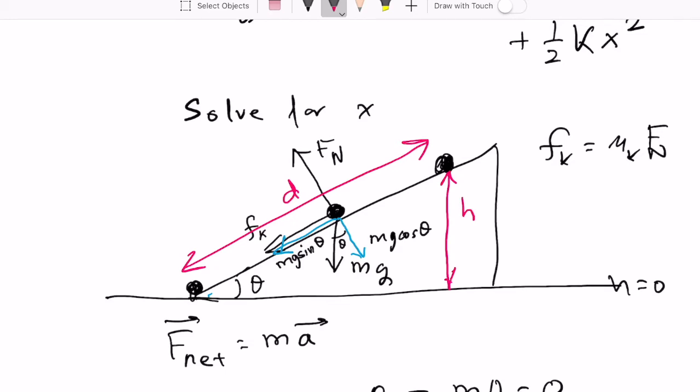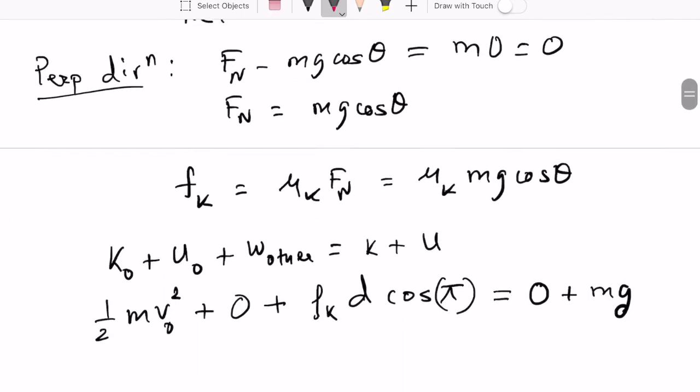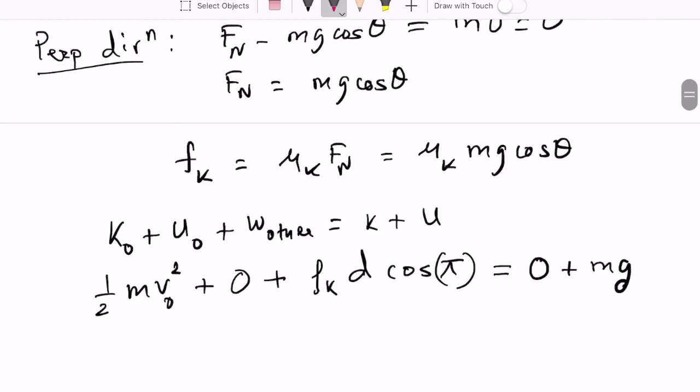So mg times h. Our goal is to solve for d. So we already have a nice equation from which we could solve for d. There is one thing, we just want to get rid of quantities that we don't know. We can get rid of the Fk by plugging in mu k mg cosine theta. That's why we did all those things in the beginning.